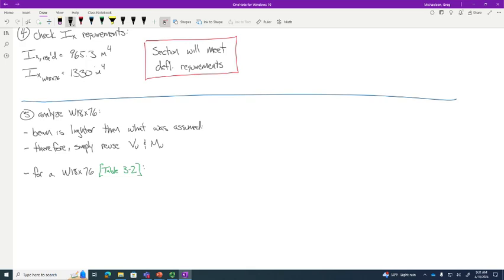You have to find Lp, Lb, and Lr. Exactly right. So let's look up Lp and Lr. What is Lp and Lr for a W18 by 76? 9.22 and 27.1. From these, which zone are we in? 2, because Lb is 24 feet, right?